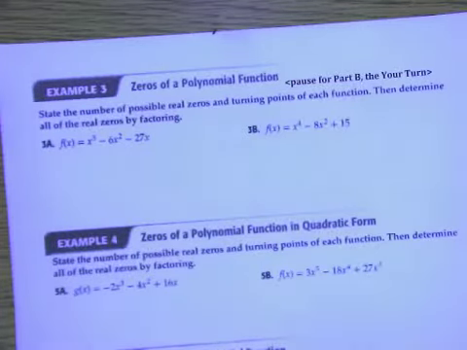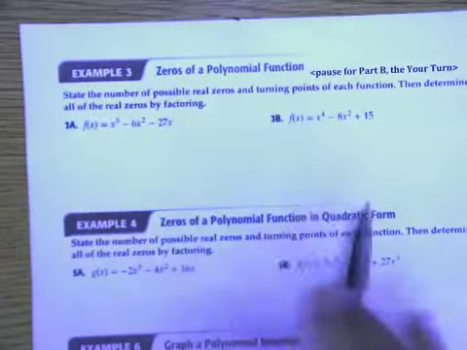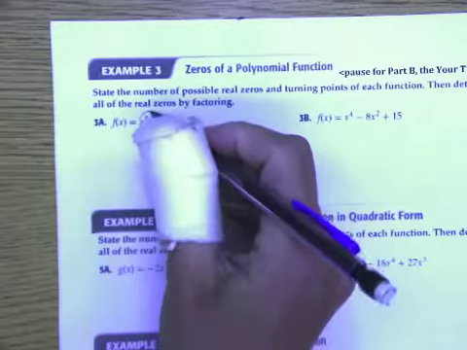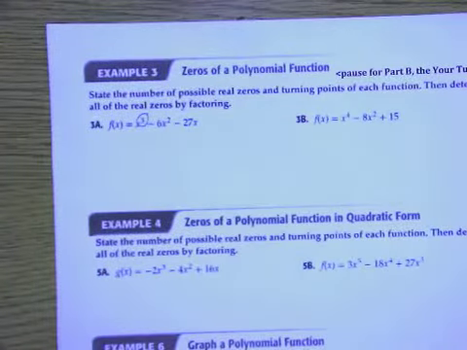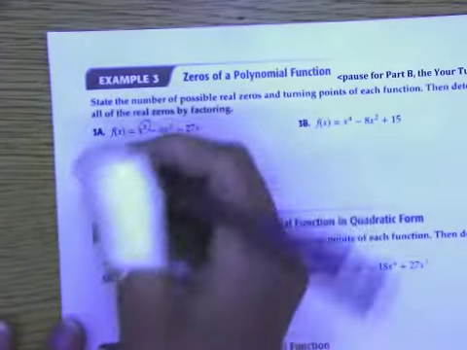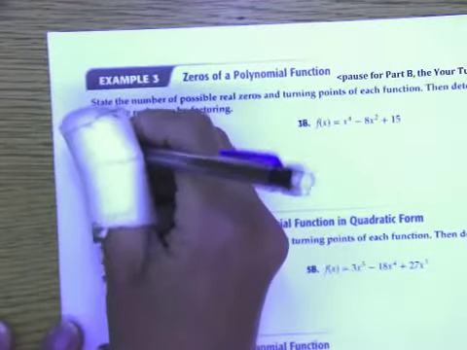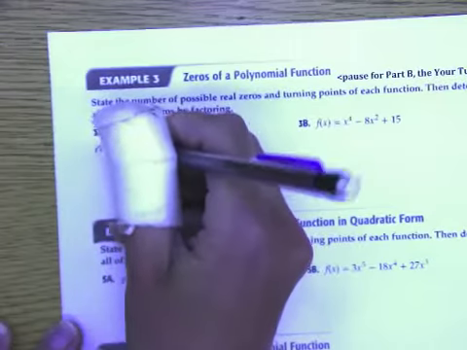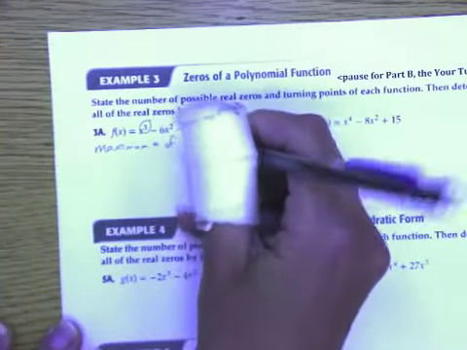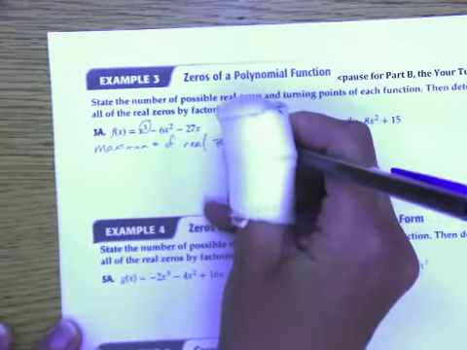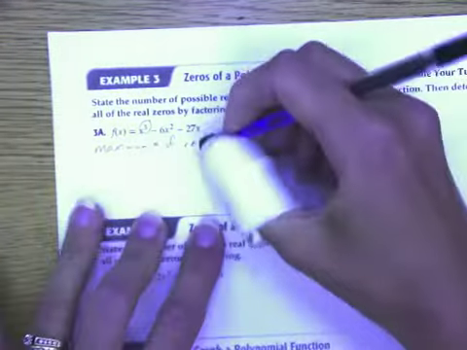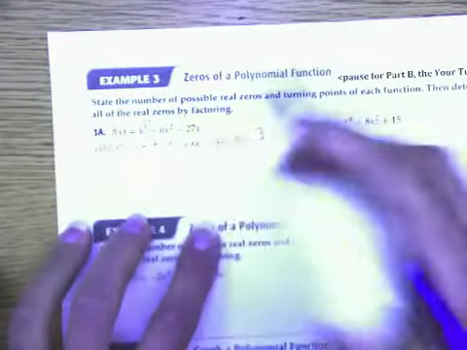In example 3, we're being asked for the number of possible zeros and turning points. So the main thing that you're focusing on, again, is that leading term. More specifically this time, its exponent. Because the degree is 3, I know that the maximum number of real zeros is 3.